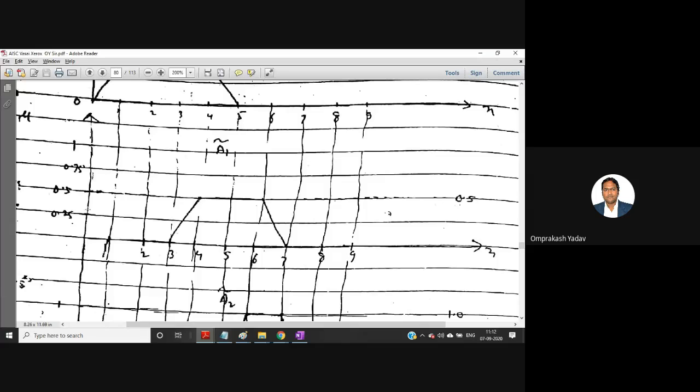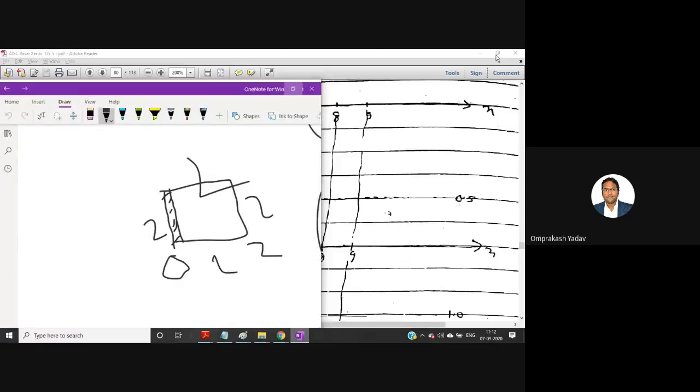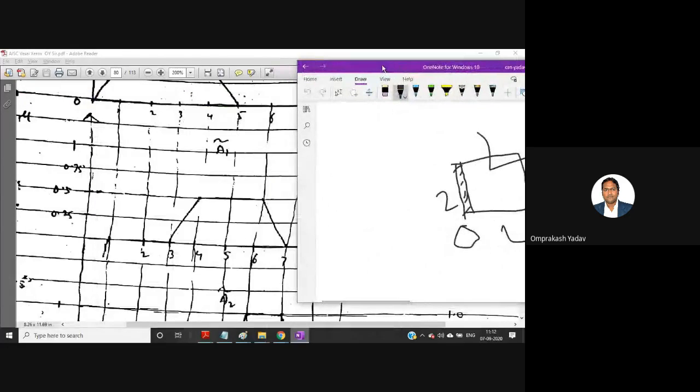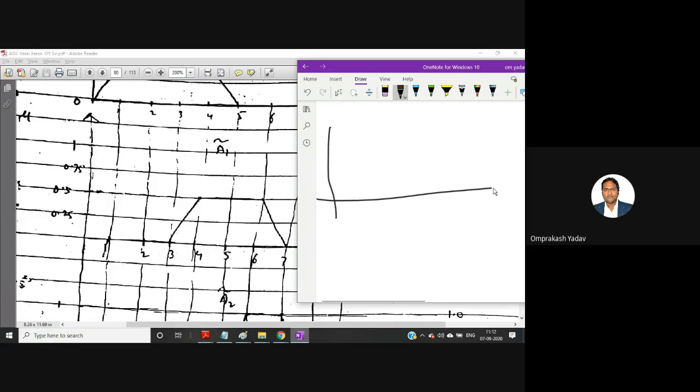So this graph will be given like this. I'll just show you. So it will be given like this: 0, 1, 2, 3, 4, 5, 6, then 7. And then here, let's say it's 0.5.